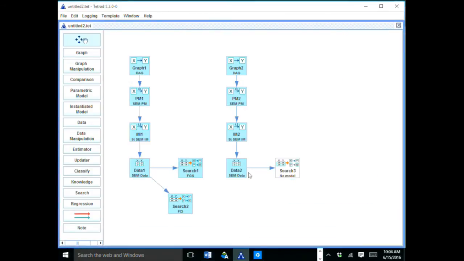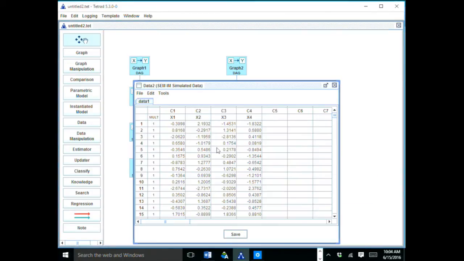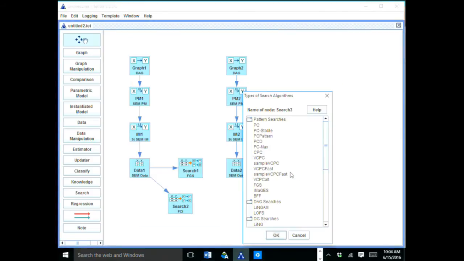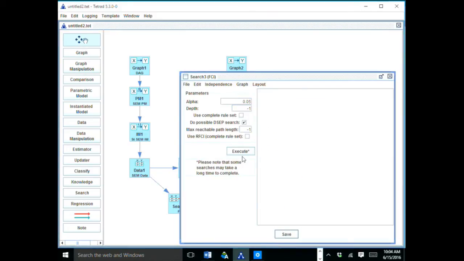Okay, I only have 4 variables measured. Let me show you that again. There is no L1 out there. It's just 1 through 4. And now if I apply the FCI algorithm, what I get is that.